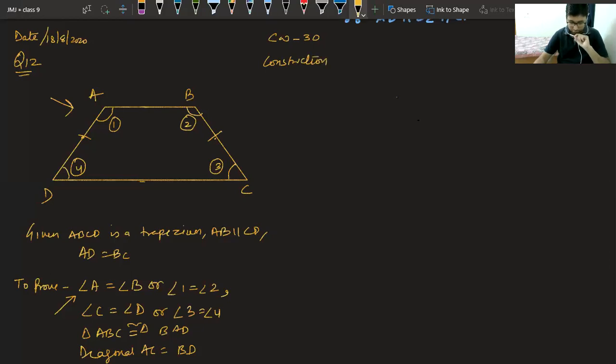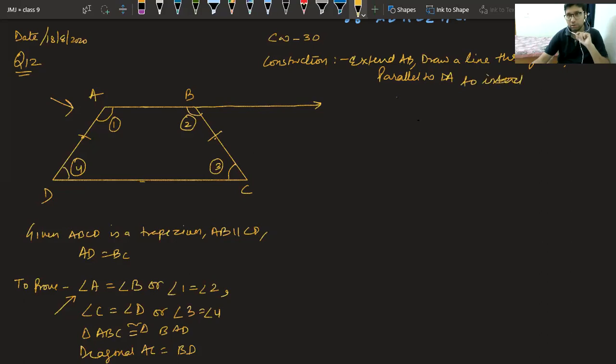The construction is we have to extend AB and draw a line through C which is parallel to DA, that is this line DA, and it is intersecting AB extended at E. So what we have done is we have extended this line AB.